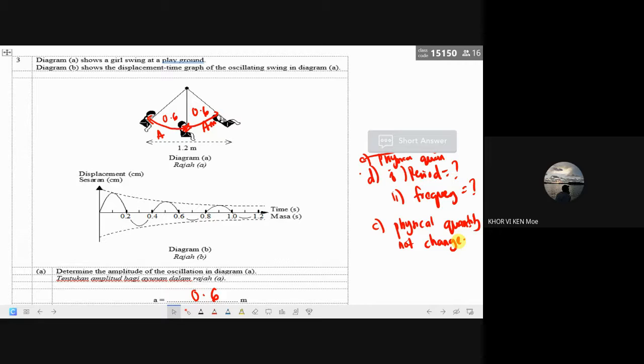Teacher, the frequency formula is still the same, right? Yes, the frequency formula is still 1 over T, right? Yeah, 1 over T.